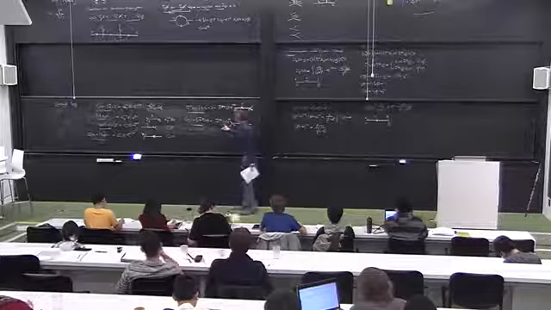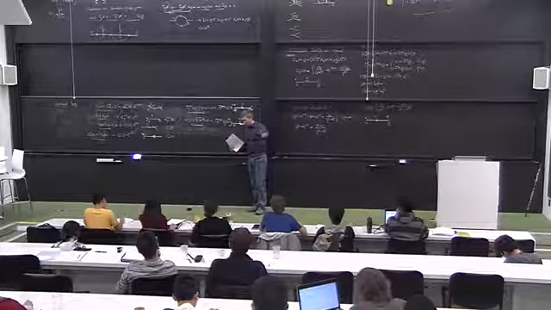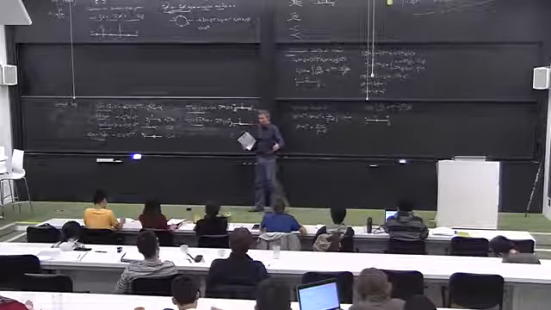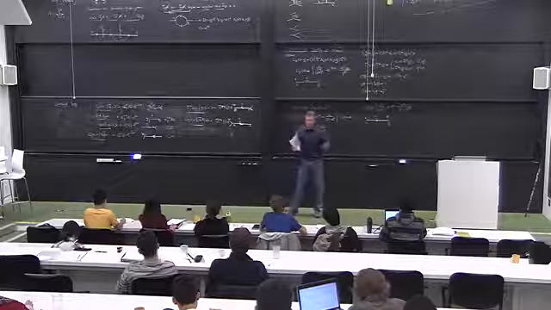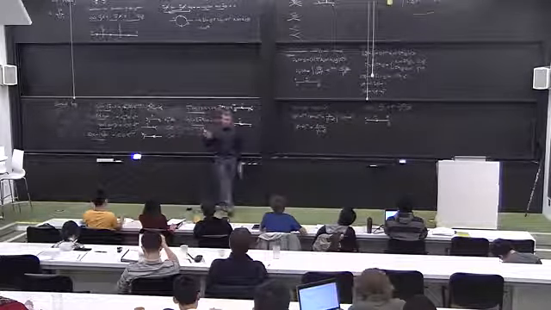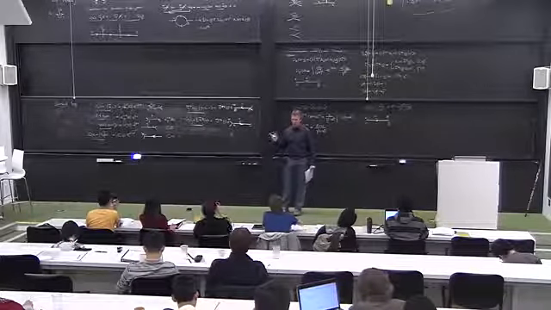So the rule of thumb is the following. In the incoming lines, we should associate the wave function to each external line with given momentum. And for the outgoing, each outgoing line is associated with the conjugate of the wave function.